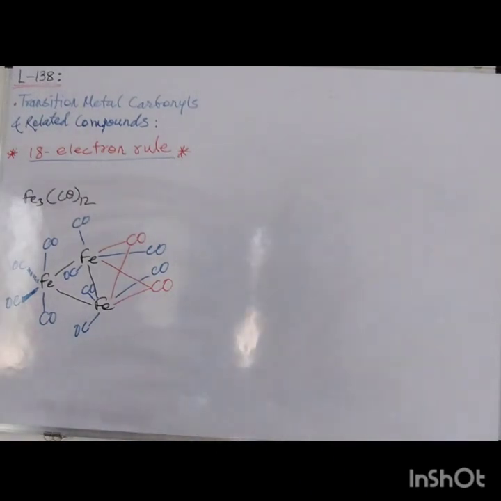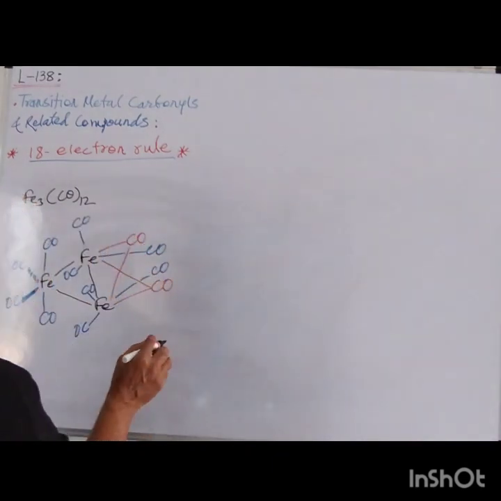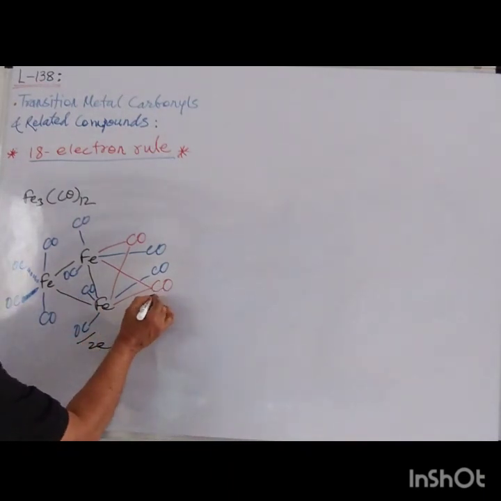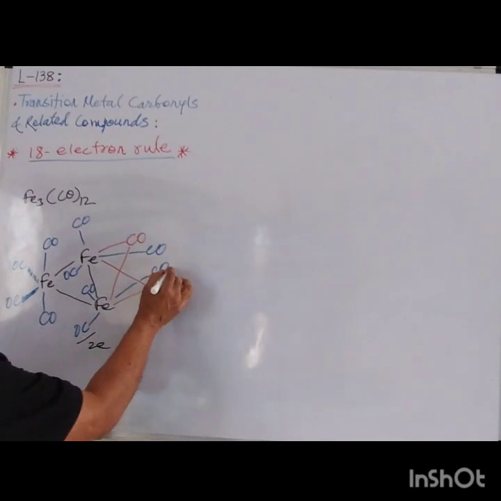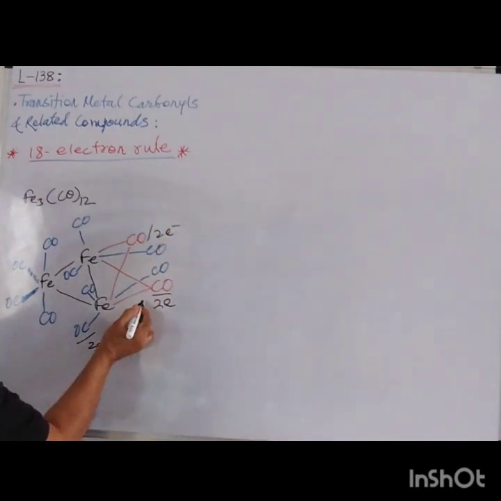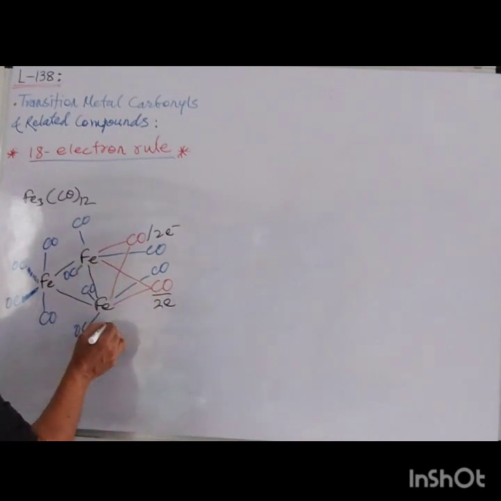Now we will see that here each CO contributes electrons. This CO contributes electrons. This CO also contributes electrons. So this CO will contribute 1 electron to this Fe, 1 electron to this Fe.